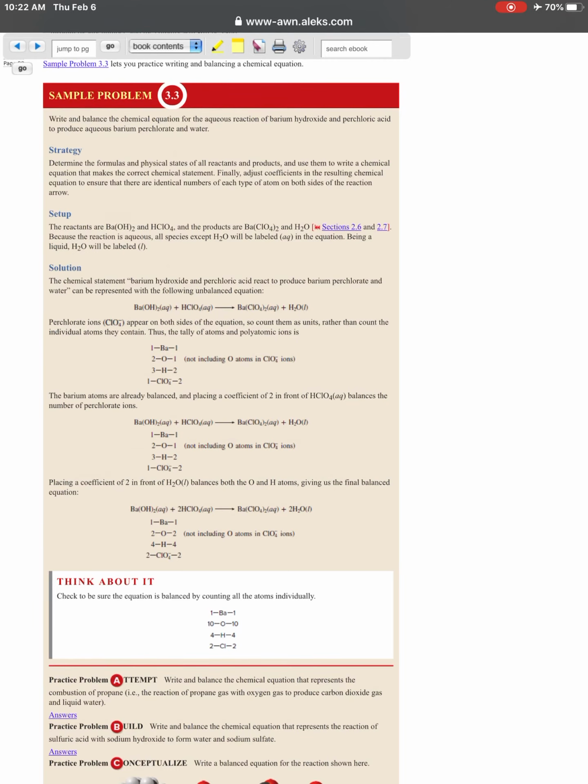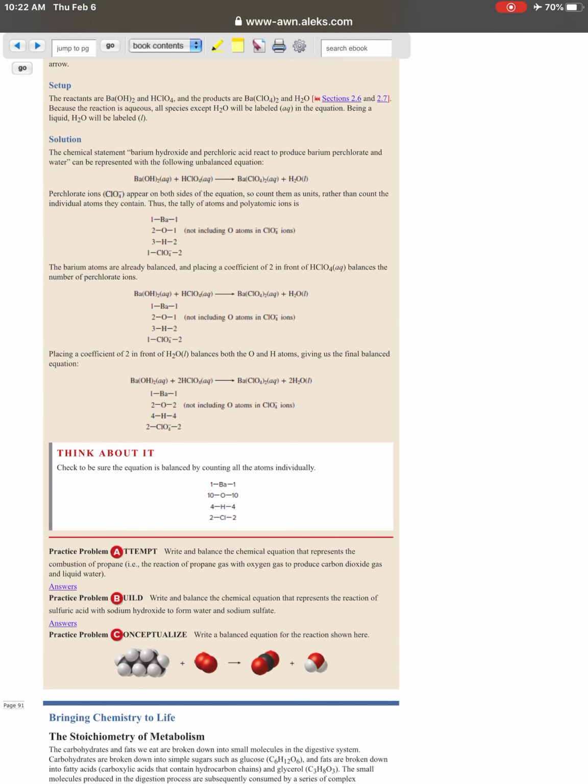Okay? So let's take a look. I'm going to come down here to the bottom step here. There's a 2 in front of the HClO4, so that balances that. Now what you can do is you can say, well, wait a minute, ClO4 has oxygen, so the oxygen can get balanced partially through that. We just have to check on the hydrogens.